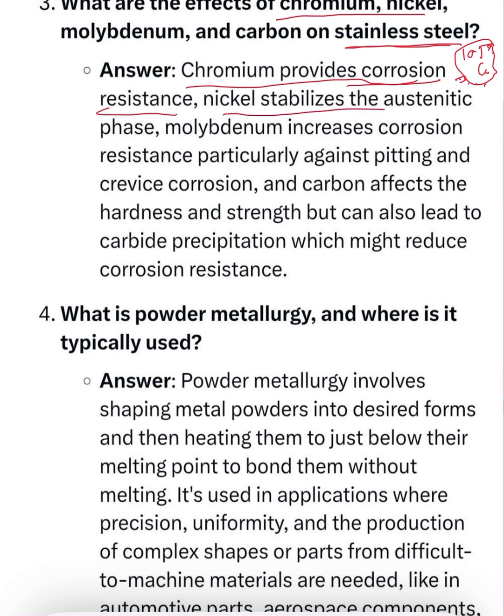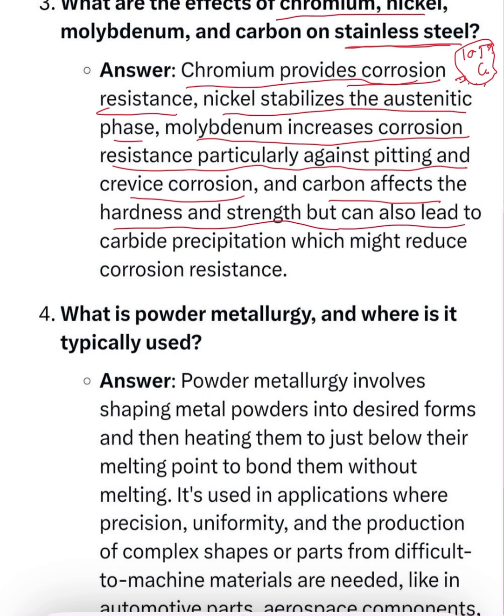Nickel stabilizes the austenitic phase. Molybdenum increases the corrosion resistance, particularly against pitting and crevice corrosion. Carbon affects the hardness and strength, but can also lead to carbide precipitation, which might reduce corrosion resistance.